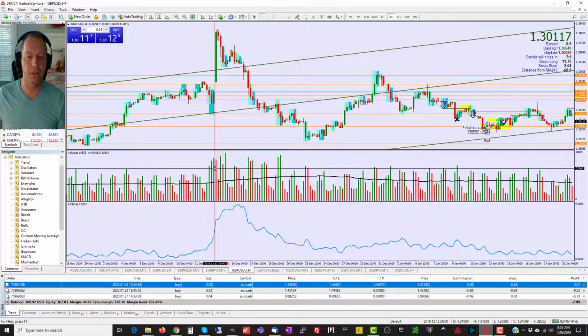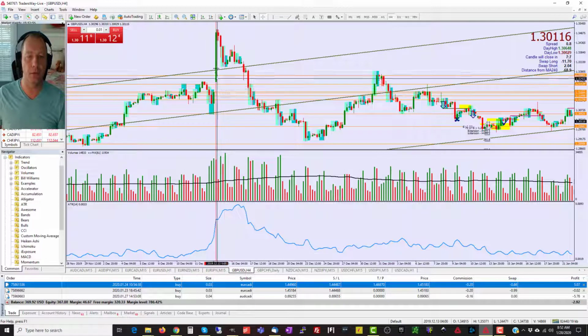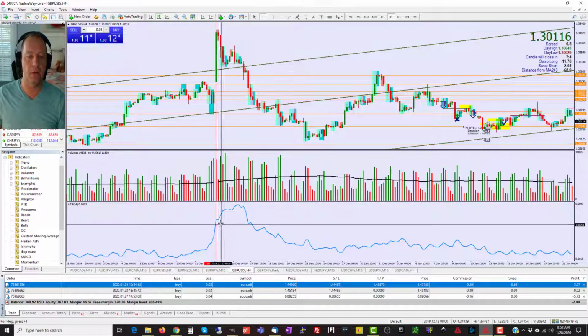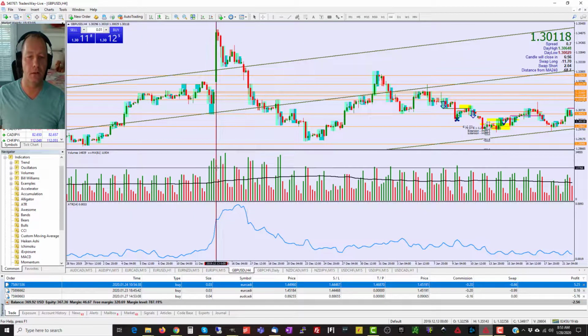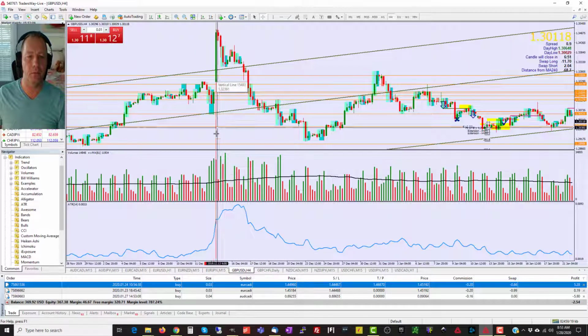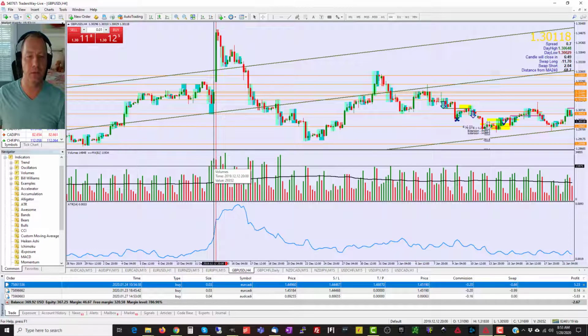Well, I'm starting to see this move up, right? So now I'm not looking at ATR because I marked the spot. So now we see this move up here, this body versus the volume, right? The volume and the body doesn't match up because look at the candle next to it.